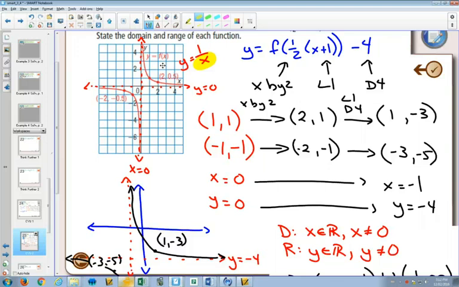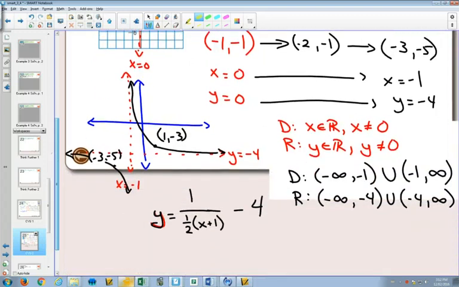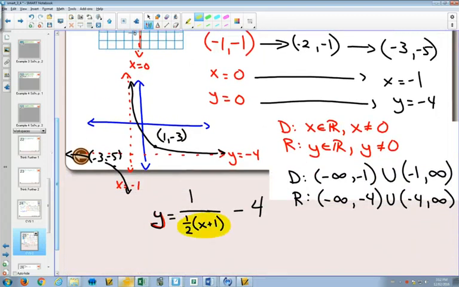So that means anything in that place where x was, that's going to be all of my horizontal stuff. So I just have to look on the bottom of the fraction. There I see my 1/2. There I see my x plus 1. So that way I know I'm going to stretch by 2 and move left 1. And finally, the minus 4 is outside. That way I know it's moving it down 4.